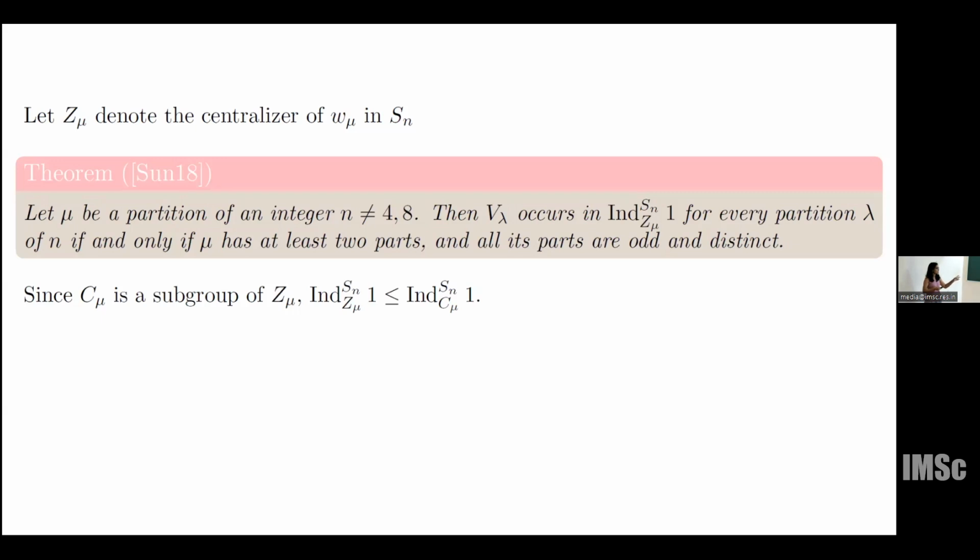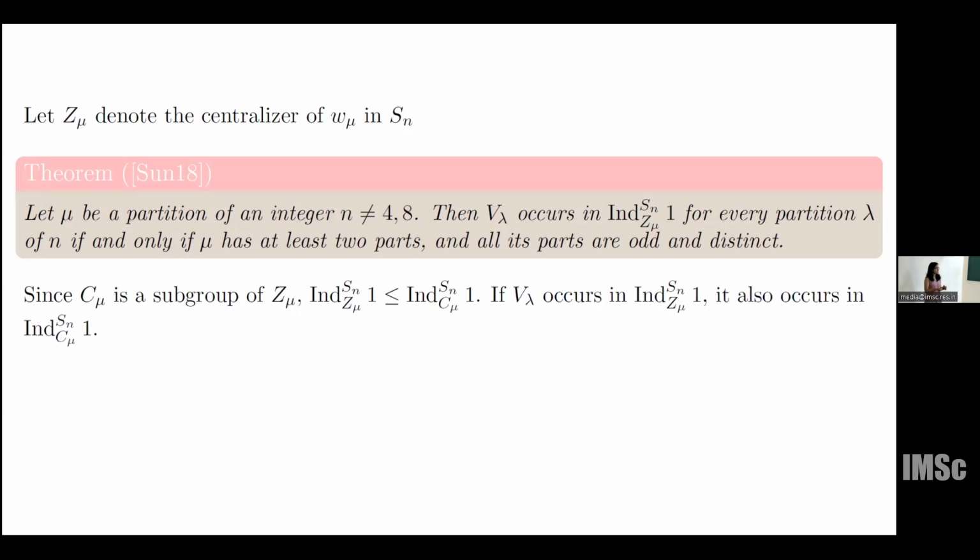She has shown that when mu is any partition not of the integer 4 or 8, V_lambda occurs in this induced representation of the trivial if and only if mu has at least two parts and its parts are all odd and distinct. We can see that C_mu will be a subgroup of Z_mu.